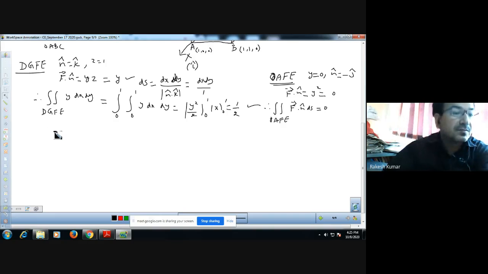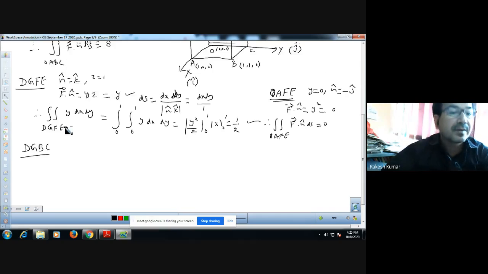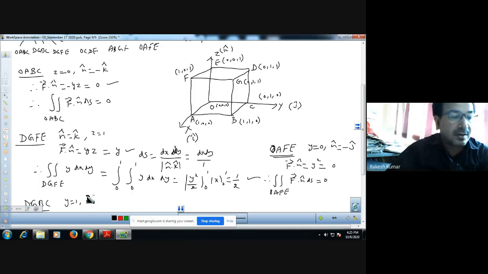This question is very, very important, and similarly we should find out from the fourth face, and this is the face we are taking, DGBC. So you just see this is D, this is G, this is B, this is C, and C point is at y equal to 1. So y equal to 1, and what is your n cap? That is j cap, positive of that.